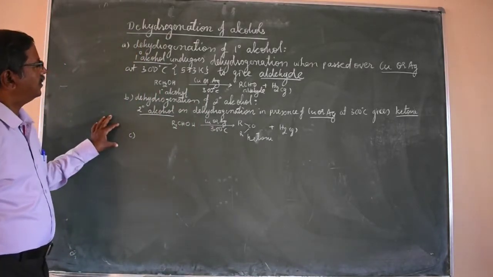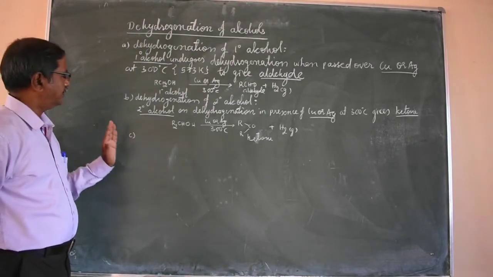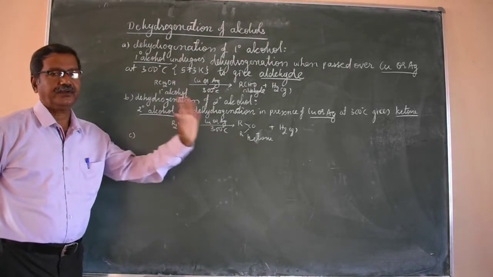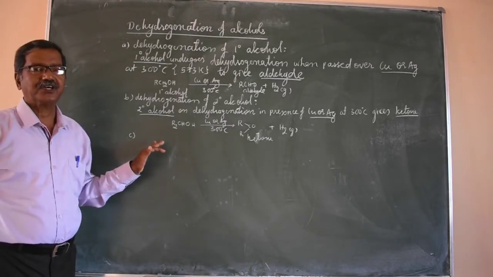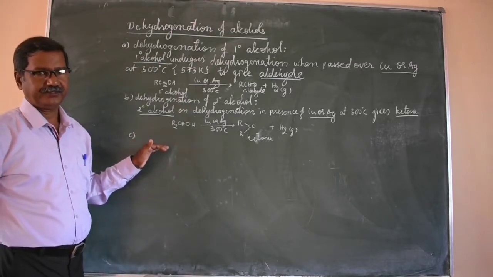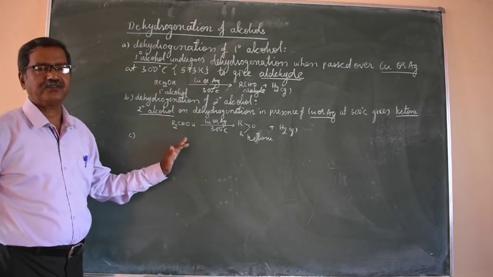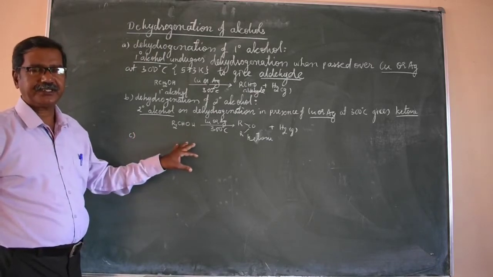But in case of 3 degree alcohol, that is the tertiary alcohol, it does not undergo dehydrogenation. It is due to the absence of tertiary hydrogen. The formula of the tertiary alcohol shows the absence of tertiary hydrogen, so it does not undergo dehydrogenation.